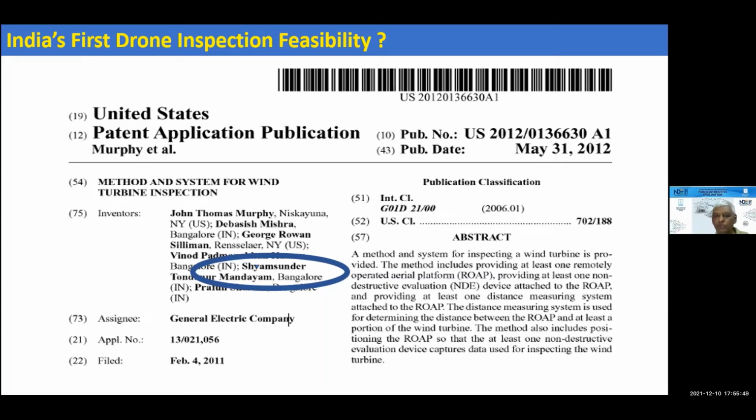I did my first drone inspection way back in 2010, when drones were hardly around here in India. I was working for GE, and we did a trial run at the Kanyakumari wind farms, where wind turbines were there, and we did have a patent also in 2012 around that, about inspecting wind turbines. So just out of curiosity, I thought I should share, because I didn't know who in India really did the first inspection.